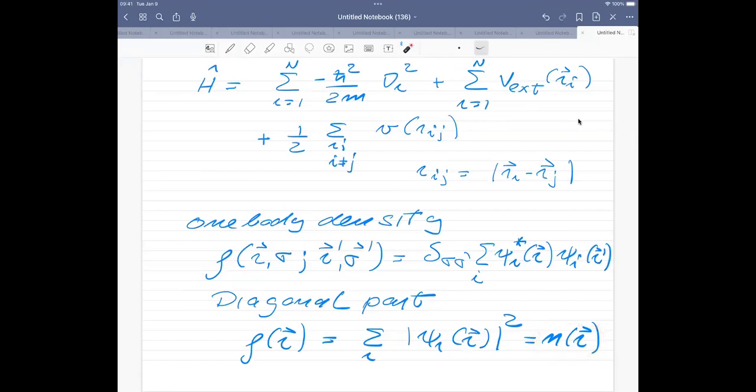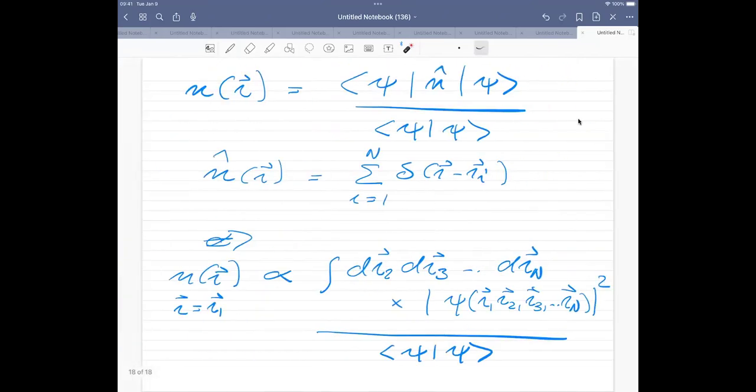And in one of the exercises in the very beginning of the semester, we actually calculated this quantity with a single Slater determinant. So if you do a Hartree-Fock calculation, this quantity will simply be the sum over all the single particle states which define the Slater determinant for the ground state.